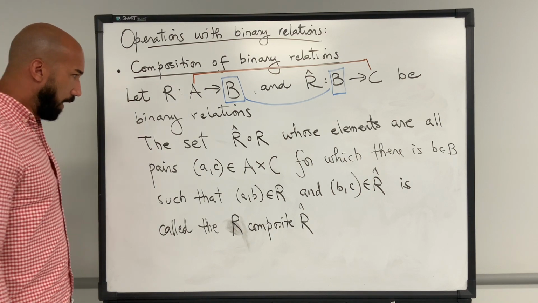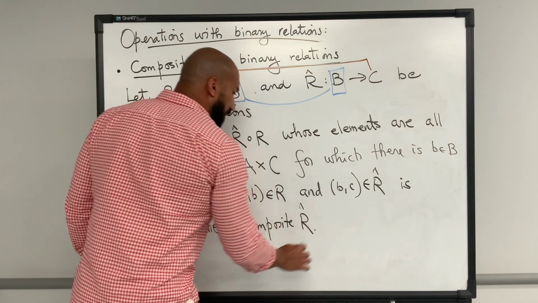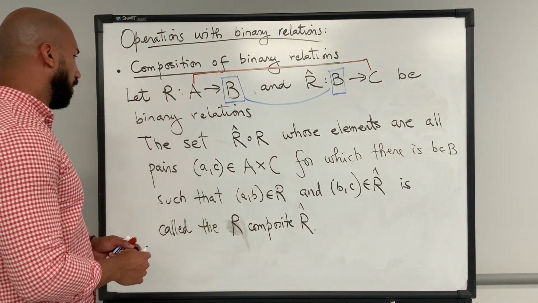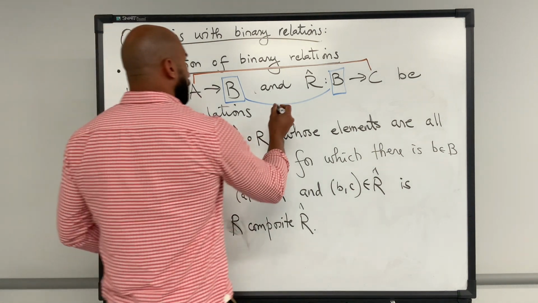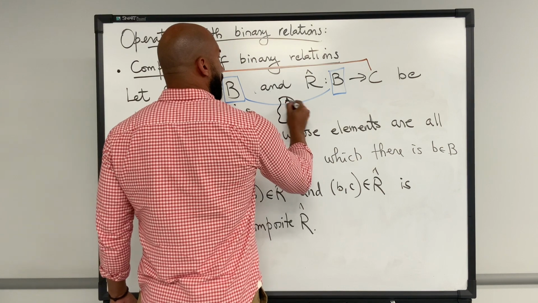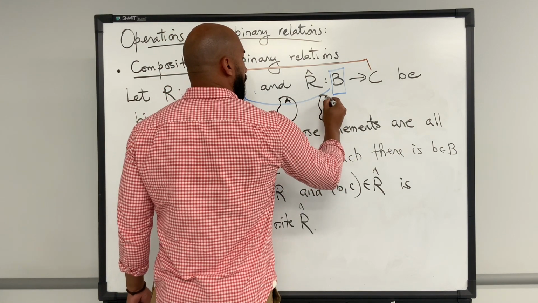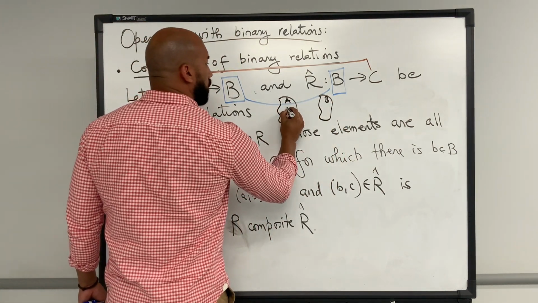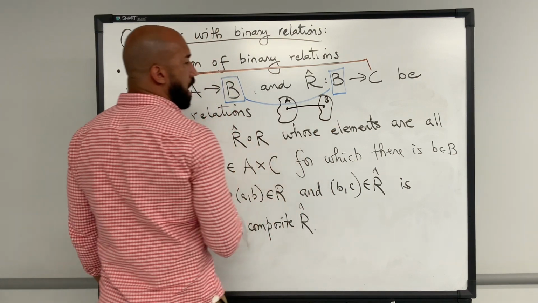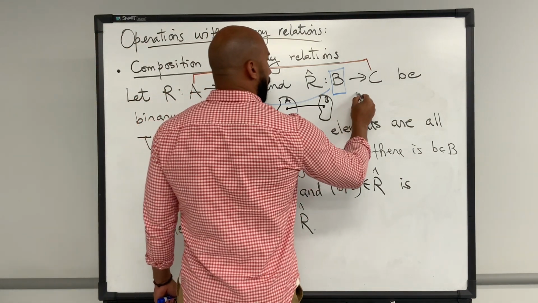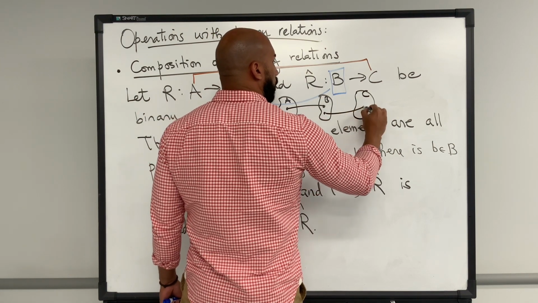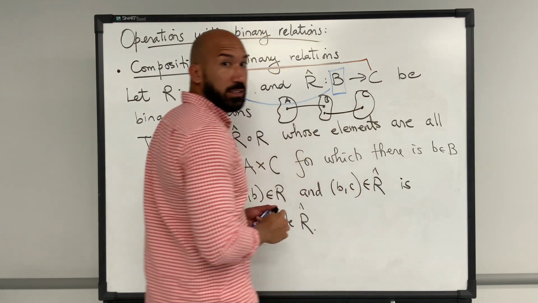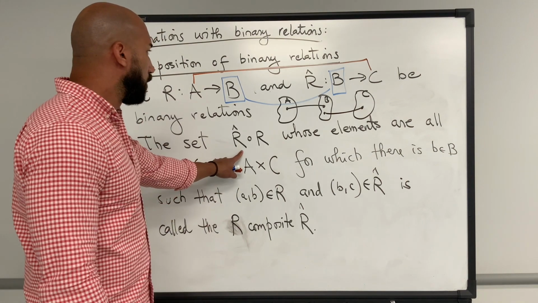Okay? So notice what is this telling us. Which are the pairs that we are putting here? We have A, we have B, and the first relation is relating elements in A to elements in B. We have also C, and the second relation is relating elements in B to elements in C. What is this relation doing?